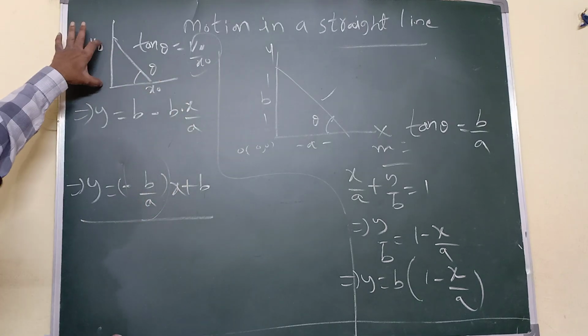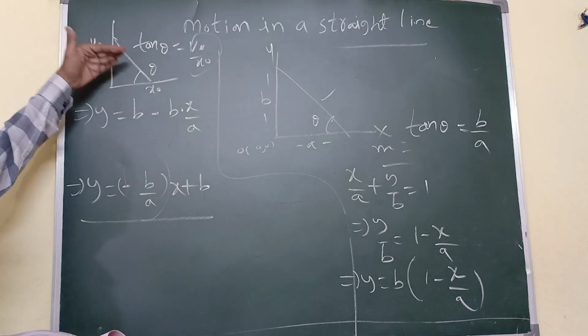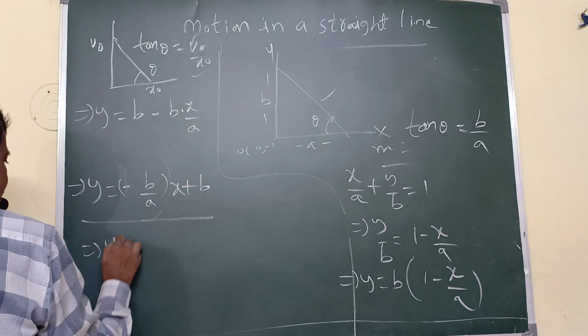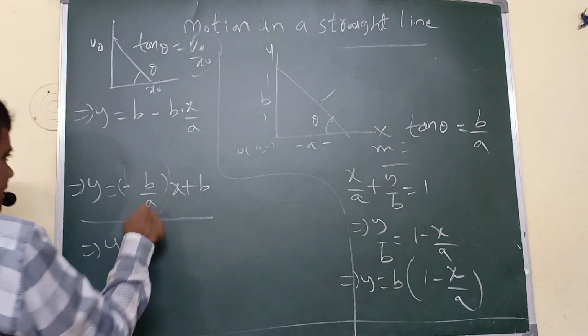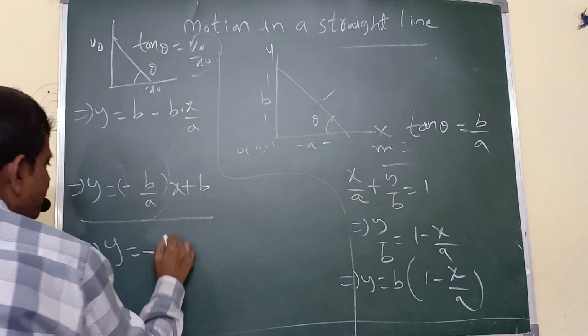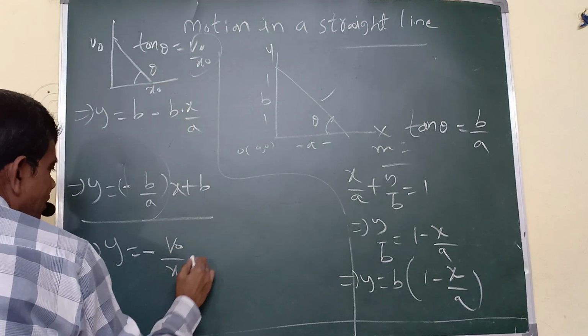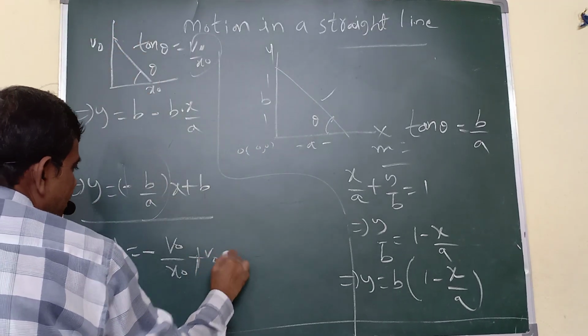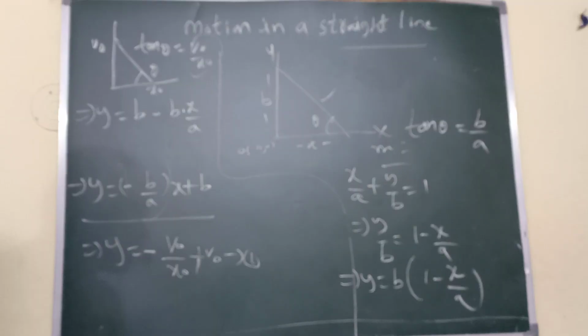Here what is the y-intercept? v0. So for the given question, what is the line equation? Straight line equation: y equals, minus is in the formula only, b by m is slope. Here slope what I am writing? v0 by x0, plus in the b, what I am getting? Plus v0. This is my equation.